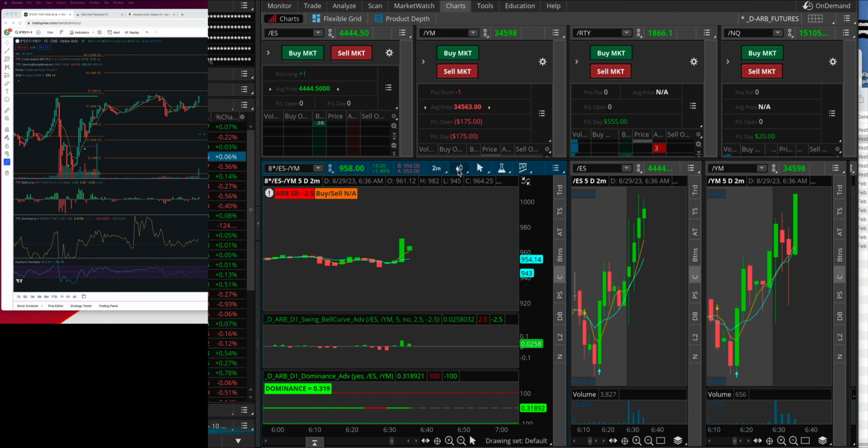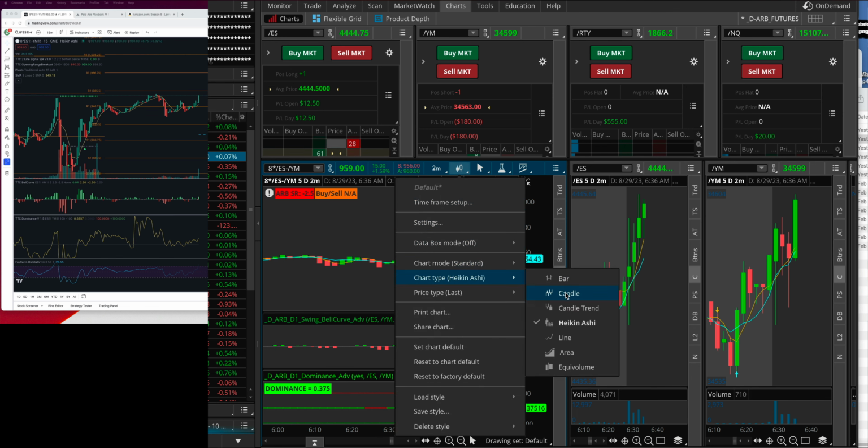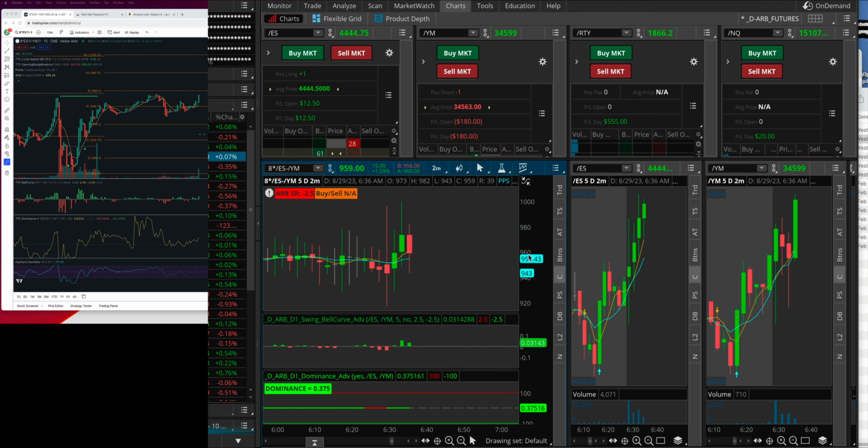We can change this to see the full candle. Okay, so we got a loss here of about 175.